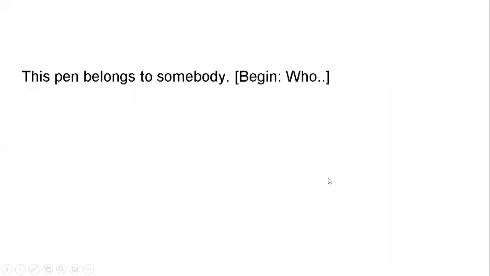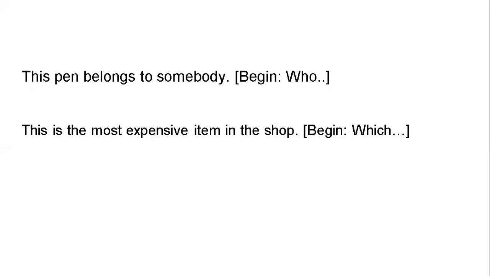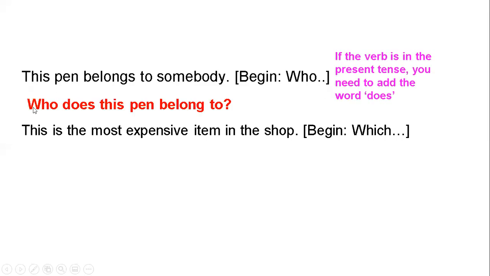The next one was, this pen belongs to somebody, and begin with who. What's your one word answer? Or maybe not one word, but yes, in this case it is one word. Got it? Who does this pen belong to?